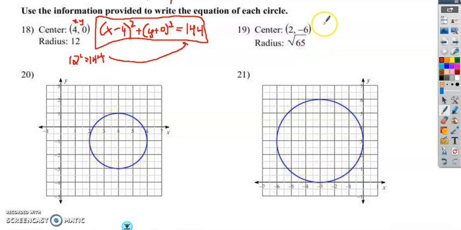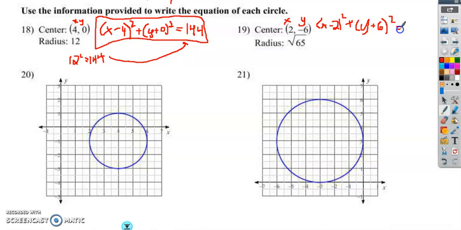Looking at 19, let's just roll right into that. Here's my x value of the center. There's my y value of the center. So what I'm looking at is x minus, looks like x minus 2, and then that quantity is going to be squared plus y plus 6, and that's quantity squared.